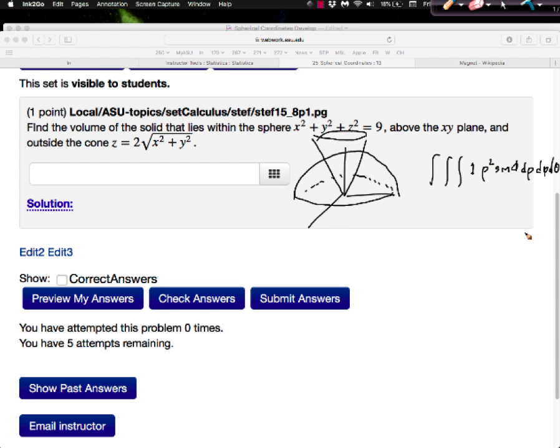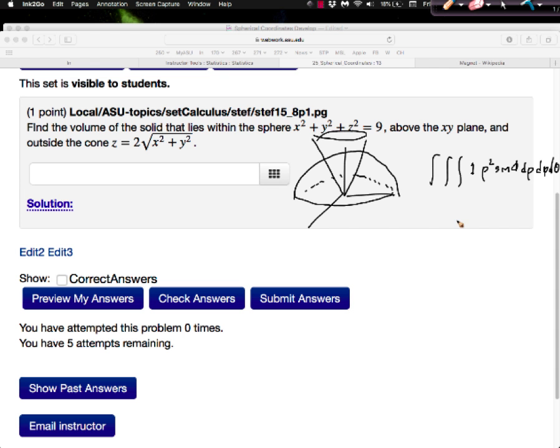Okay, so the question is rho goes from what to what? So when you think about the limits for rho, you think about you're the archer with the arrow, you're standing on the origin, and you're firing out from the origin, right? And so the arrow is going to pierce into the solid, and that's going to be your lower limit for rho. And then where the arrow pierces out of the solid is going to be your upper limit for rho.